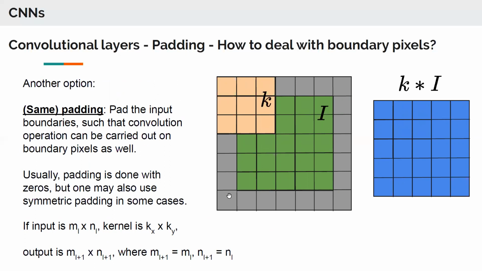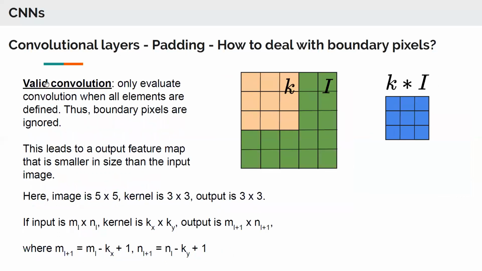These paddings are usually done with zeros, or sometimes it's also possible to copy the last row or column one more time and have that as the new boundary. Okay, and now when this is done, we can place the kernel on all pixels of the input image, and therefore we get an output which is of the same size as the input, and therefore this is referred to as same padding.